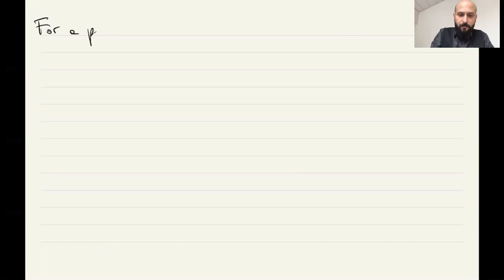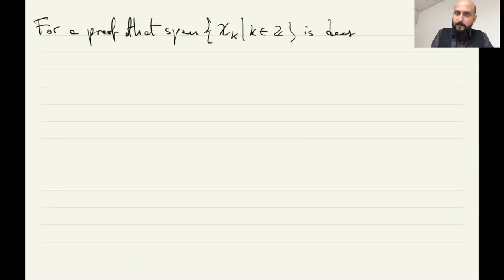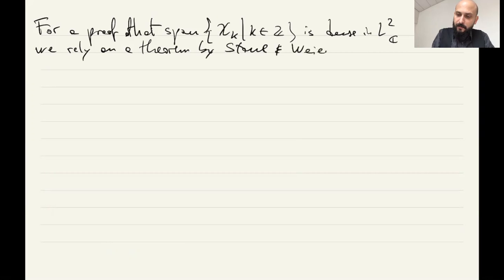So, for a proof that the span of φ_k, k in Z, is dense in L2 of C, we rely on a theorem by Stone and Weierstrass. Before that, some terminology, some definitions.